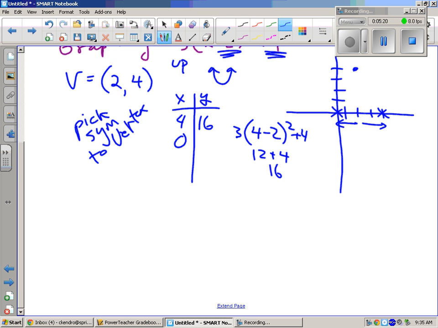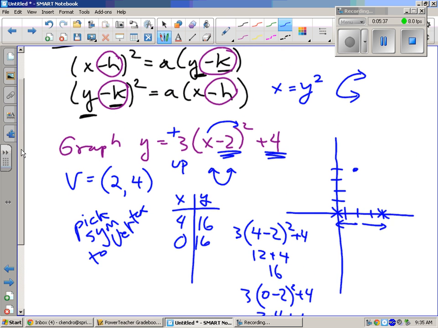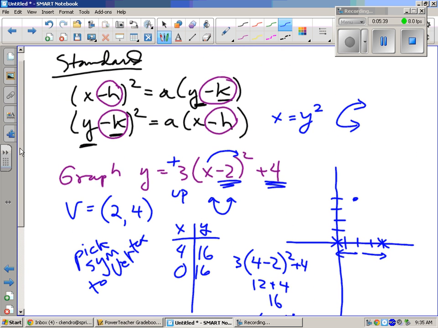Then you want to put in a 0. Now if you did it right, you should get the same answer. So 3 times (0 minus 2) squared plus 4. Negative 2 squared is still 4. 3 times 4 gives you the 12, so you still have 16. So the math is easier because it's symmetric and they should come out to the same answer.